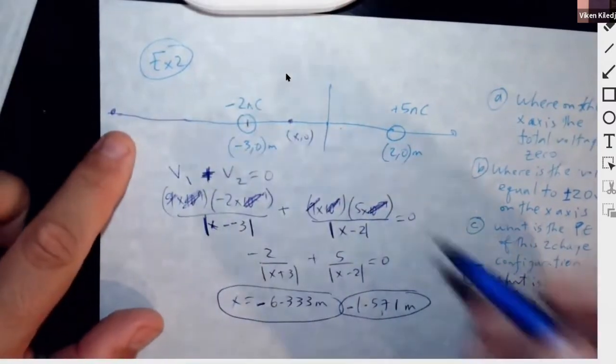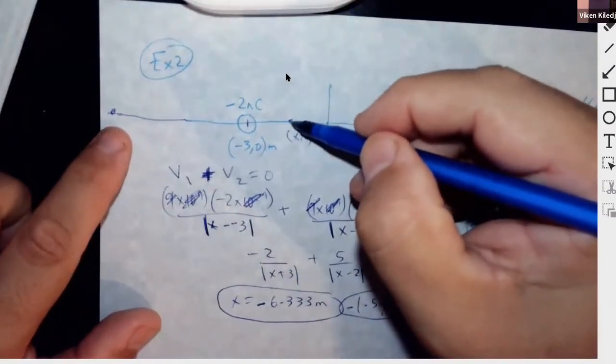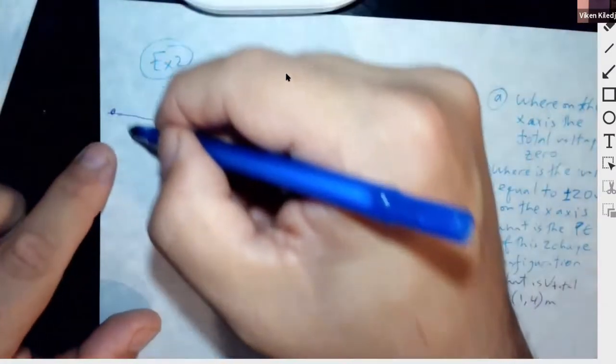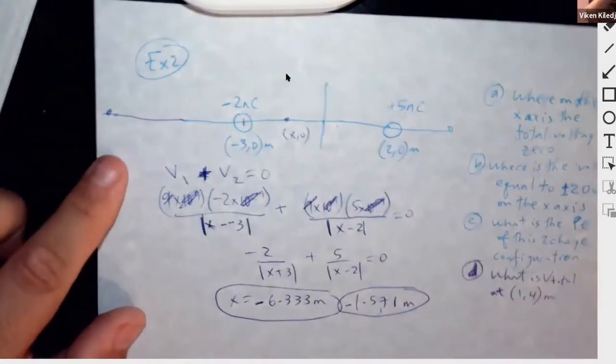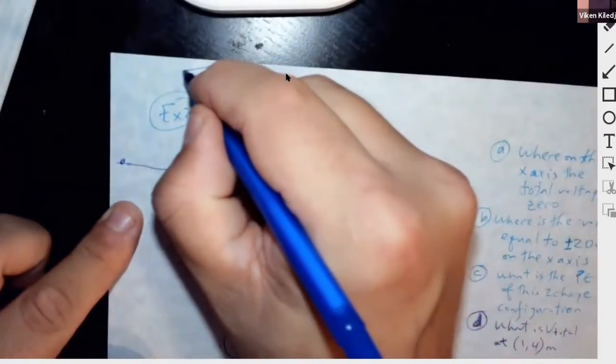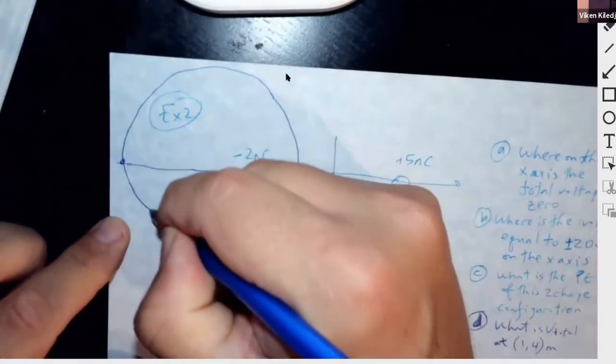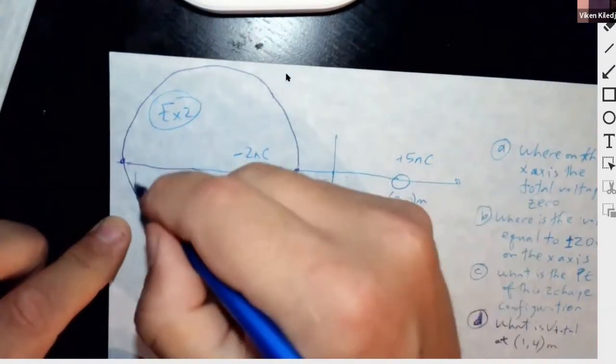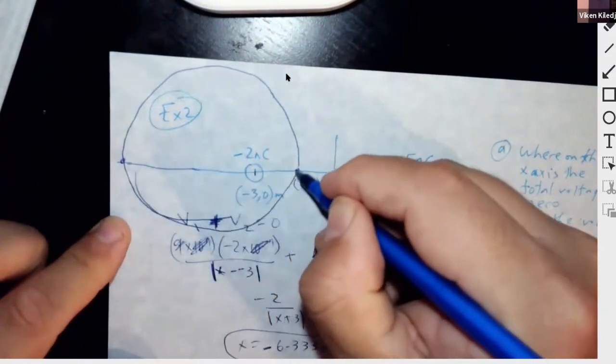You see? But actually what ends up happening is that this is an equipotential surface. Remember yesterday in the simulation that I showed you guys? So this is actually like this. Everywhere there, the voltage is 0 volts.